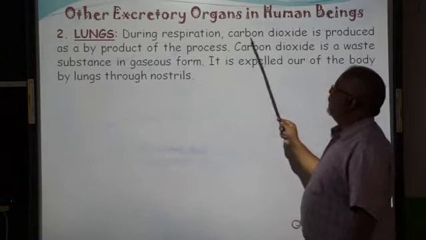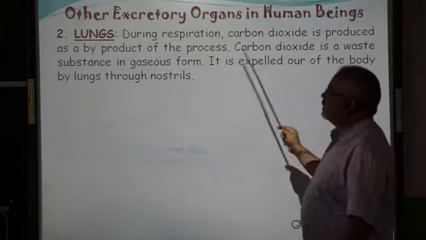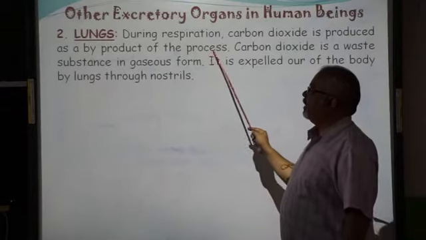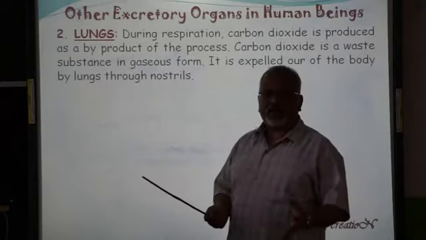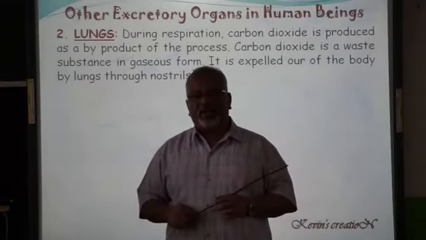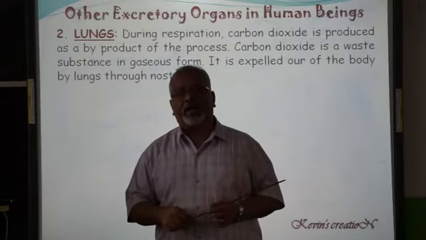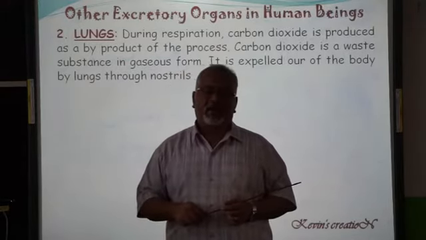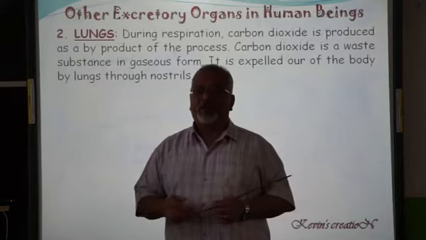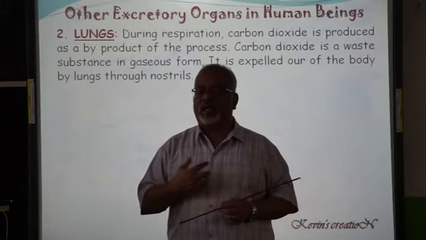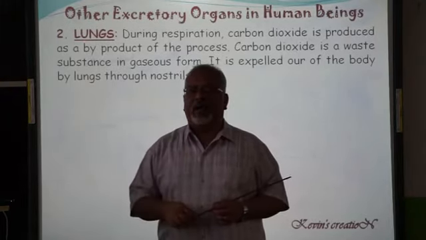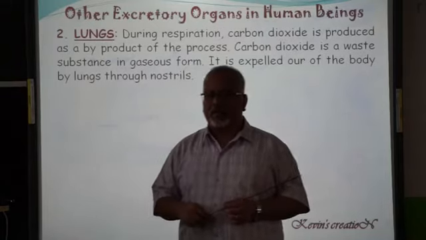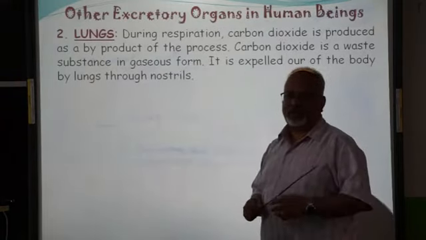During respiration, carbon dioxide is produced as a byproduct. All of us know that we take in air which is rich in oxygen and we give out air which is rich in carbon dioxide. We consume oxygen for our daily activities and then we give out carbon dioxide as waste. That comes out through the nostrils.